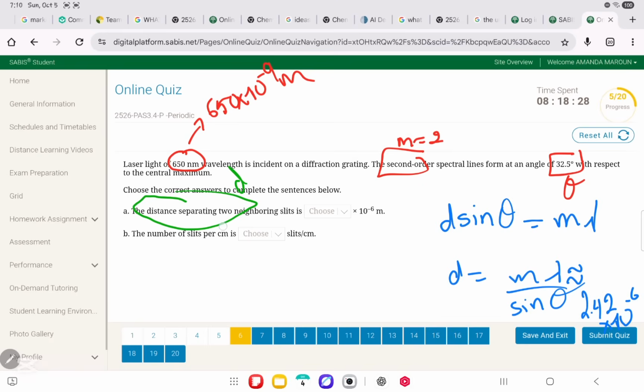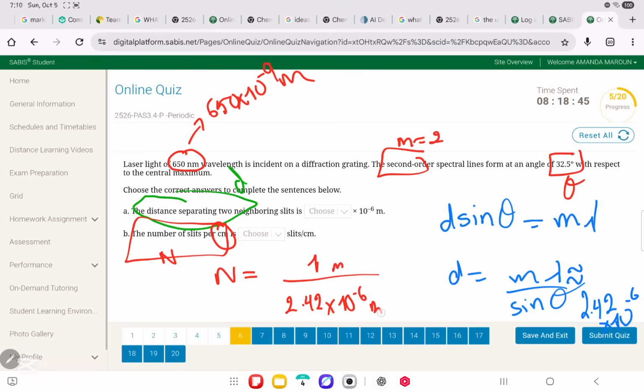Now, the number of slits per centimeter. Notice they want n in centimeter. So n is equal to 1 over 2.42 times 10 to the power of minus 6, what, meter. How do we change from meter into centimeter? We very simply need to multiply by 100.